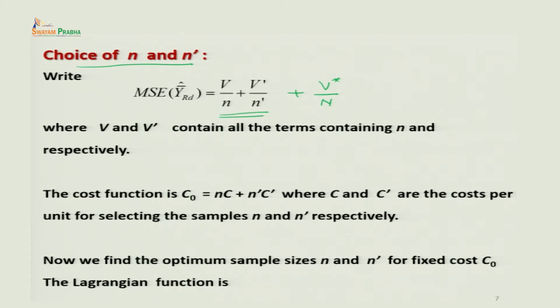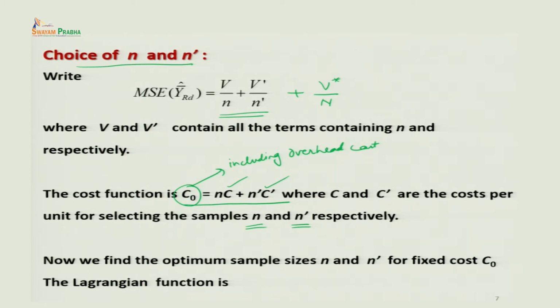Suppose the cost function is given by C0 equals nc plus n prime c prime, where c and c prime are the costs of collecting the units in the samples of size small n and small n prime. You can ask me why there is no overhead cost; the overhead cost is fixed, so I have included it in C0. That should not create any problem.